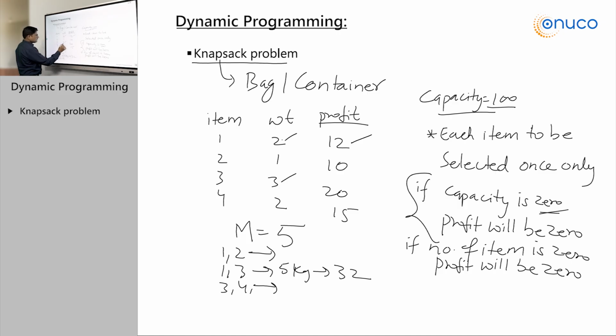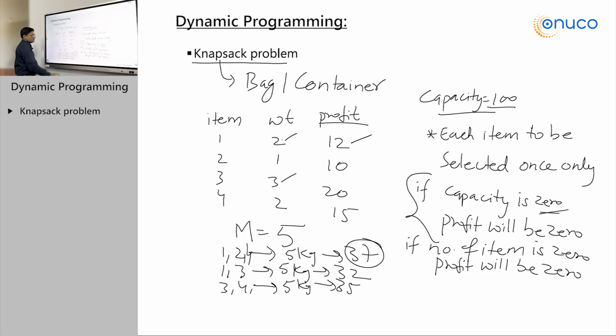In that case it is 5 kg, but the profit is 35. But if you select the first, second, and fourth, 2 plus 1 is 3, plus 2 is 5 kg, and the profit is 12 plus 10 is 22, plus 15, which gives a total of 37 with 5 kg.